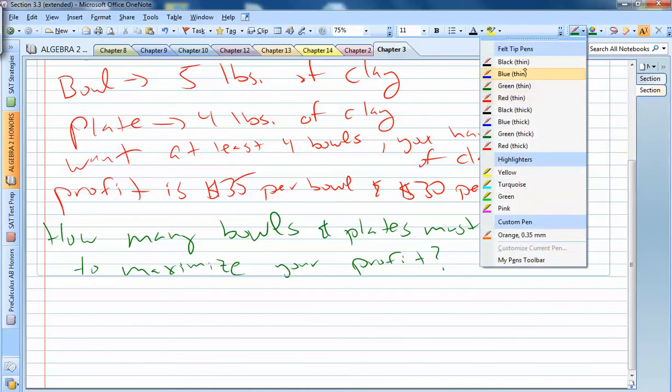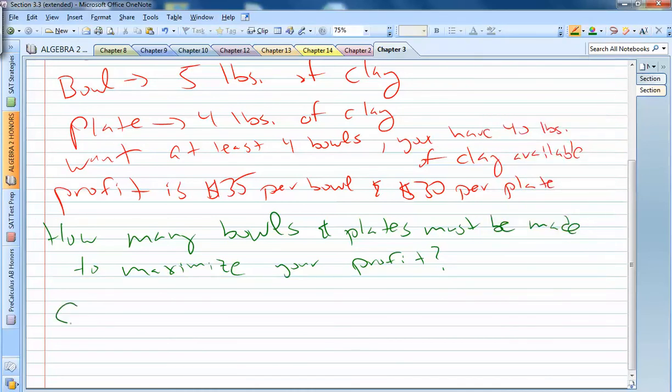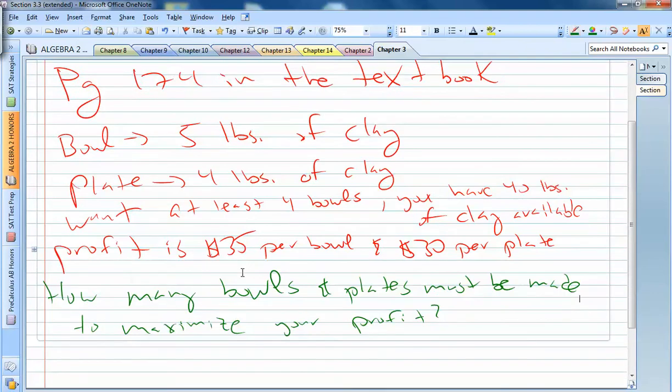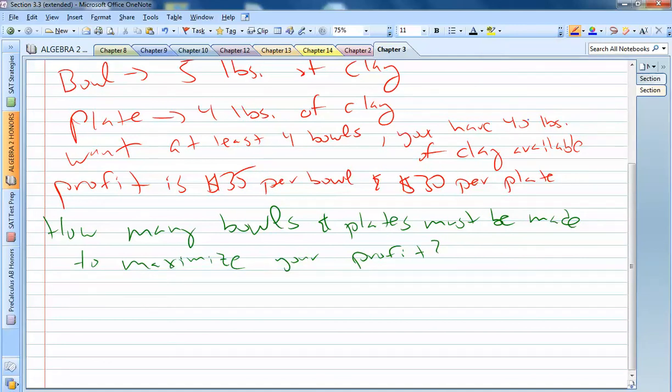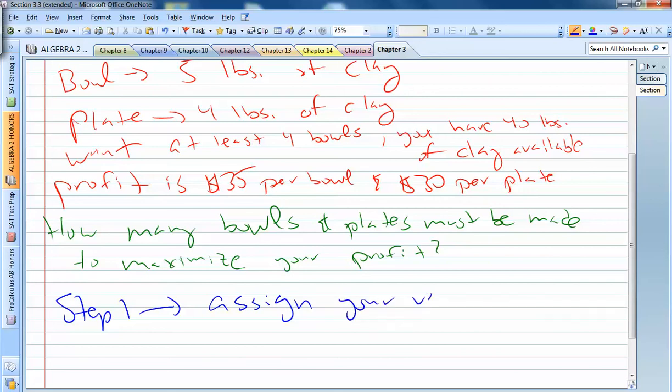Here are the steps we're going to take to solve this problem. Step 1: like any word problem, assign your variables. Step 2: this is going to be a little tricky, but you're going to write an objective function.